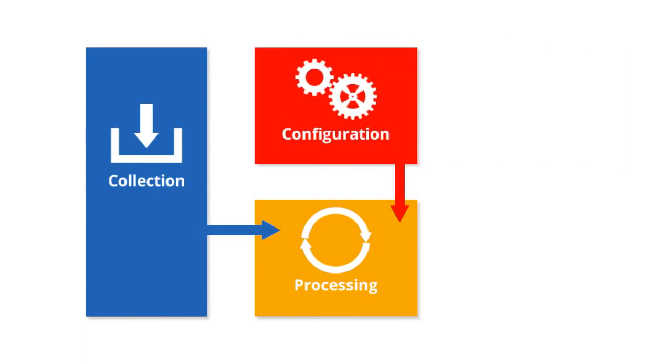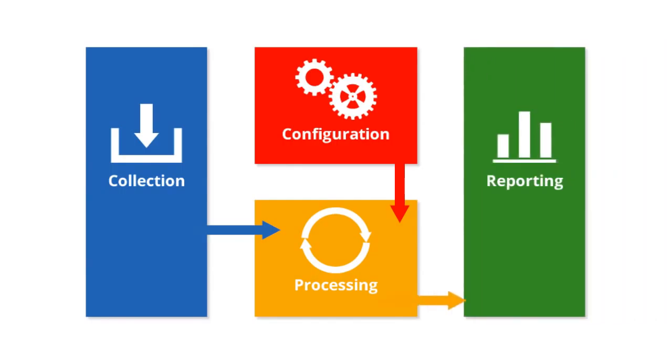For example, you can choose to add filters to your data. A filter can include or exclude certain types of data from your reports, like excluding data from your own internal users. Once your data is processed, taking into account your configuration, the data is stored in a database. It's important to note that once the data has been processed and inserted into the database, it can't be changed.